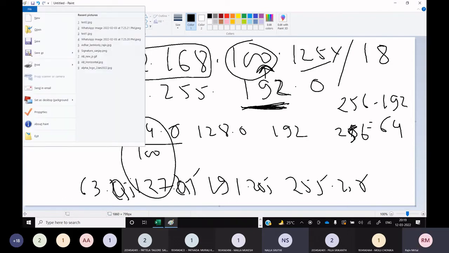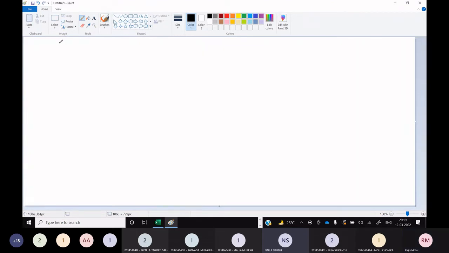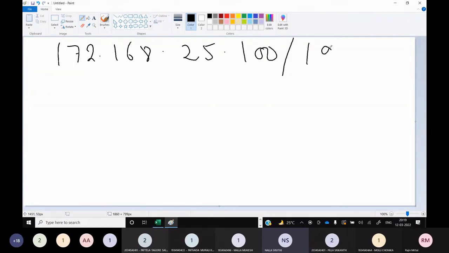For a better understanding, let's take one more example. Can you tell me the subnet mask?